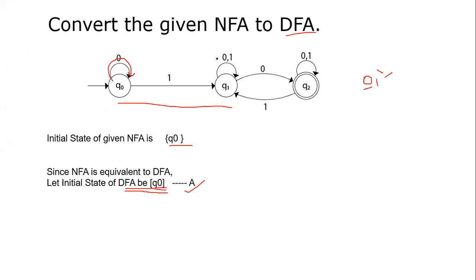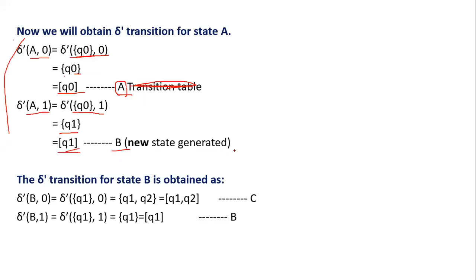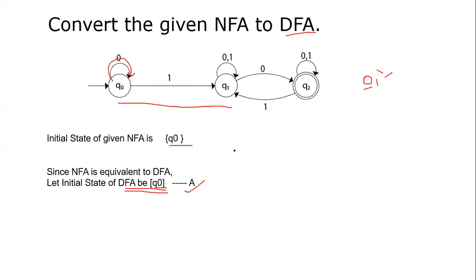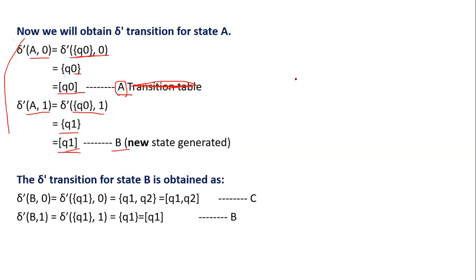Q1 comma 0 is going to the same Q1 itself. Sorry, Q1 comma 0 is going to Q1 and also Q2. It moves to itself and to Q2 also, so I have to mention both.